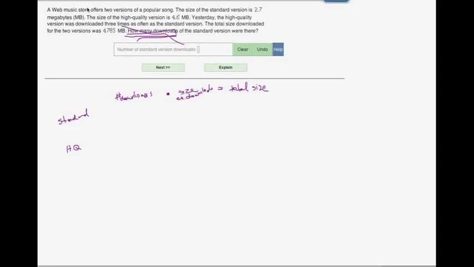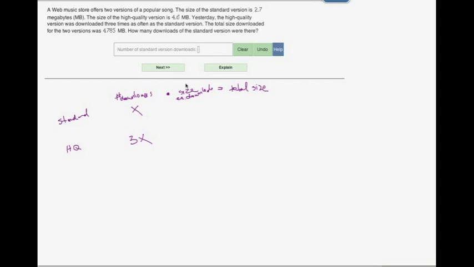All right. How many downloads? We don't know, but what do we know about that? We know that the high quality version was downloaded 3 times as often as the standard version. So we're going to put x for our unknown, how many downloads of the standard version, x. And the high quality version number of downloads is going to be 3 times as many, so 3x.